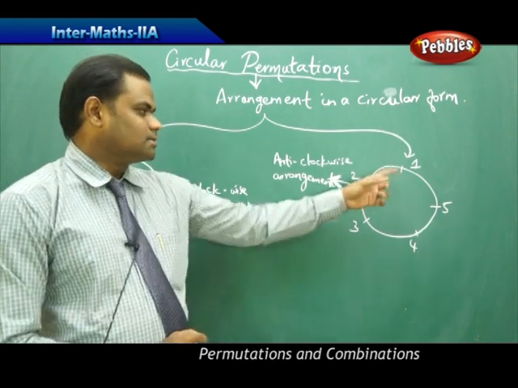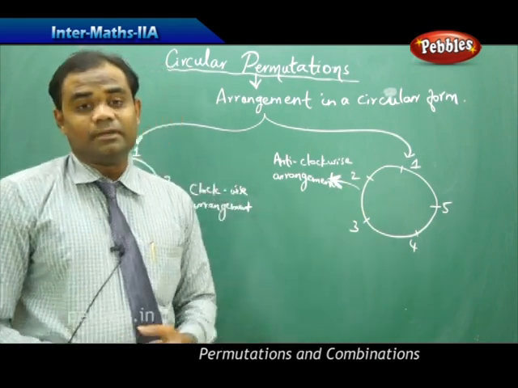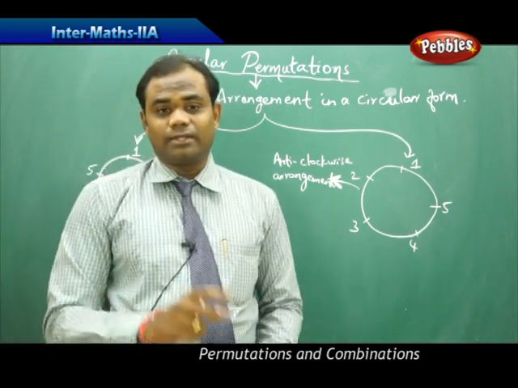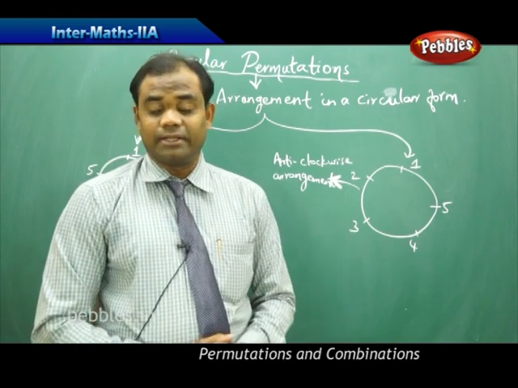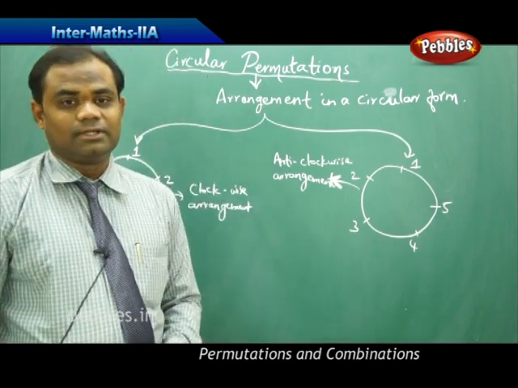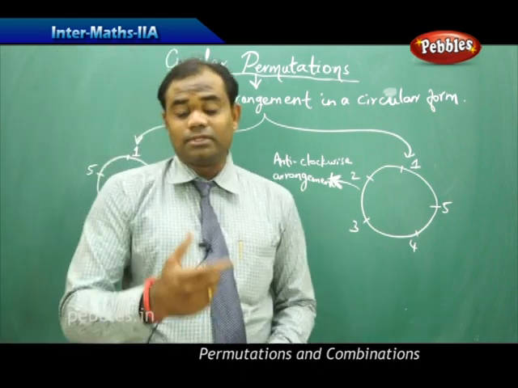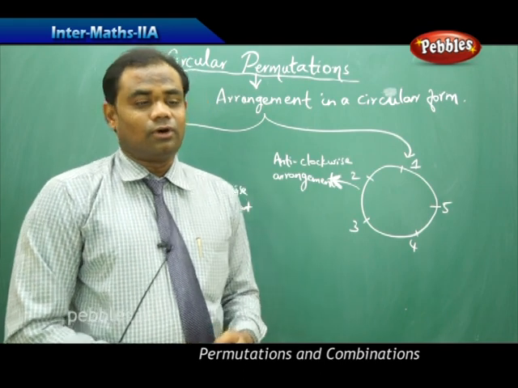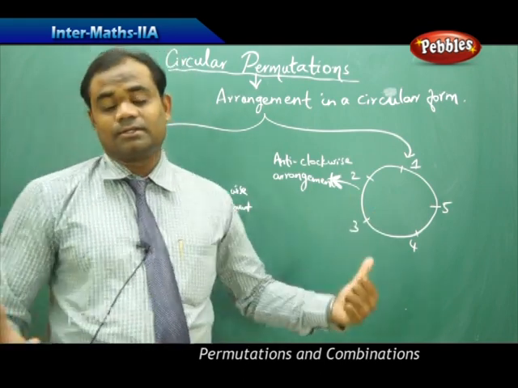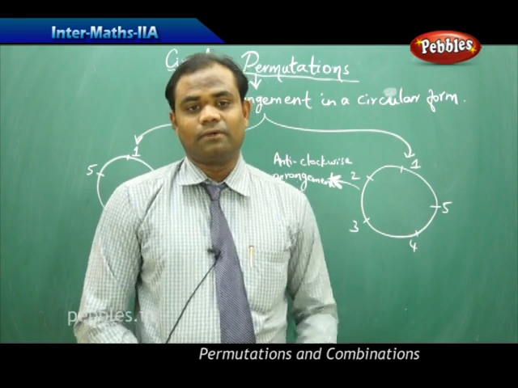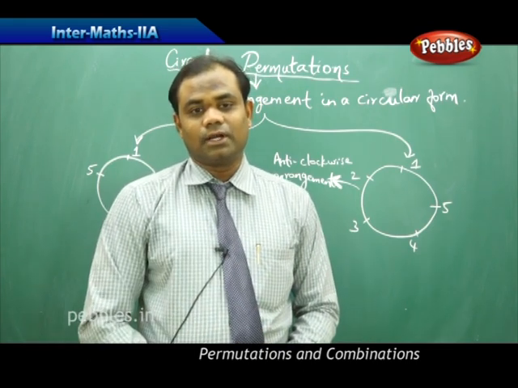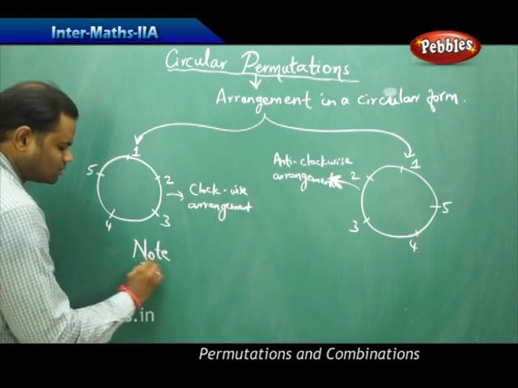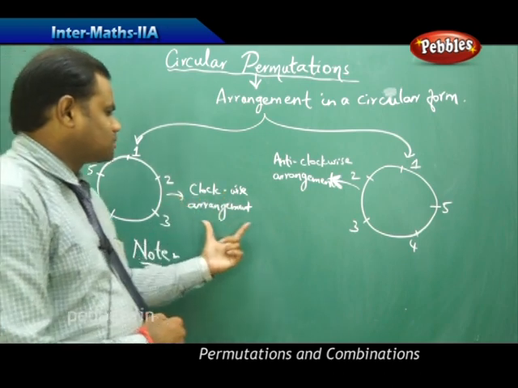But if I arrange the persons in a round table conference, it may be that we need to take into consideration the clockwise or anti-clockwise direction. So let's see when we use the clockwise arrangement and when we use the anti-clockwise, or we give the freedom of using either this or this in a given problem, as we understand with the future problems in the continued session.